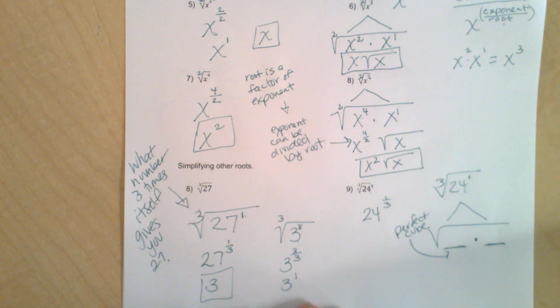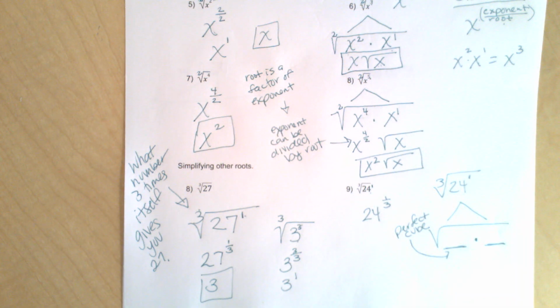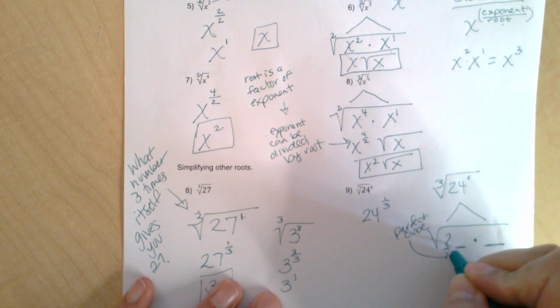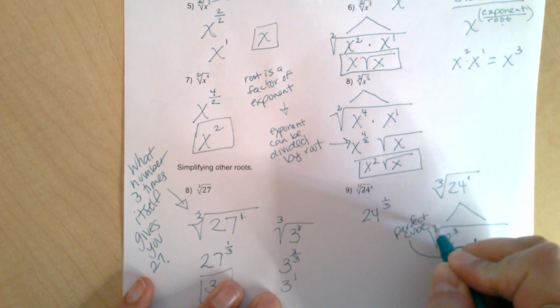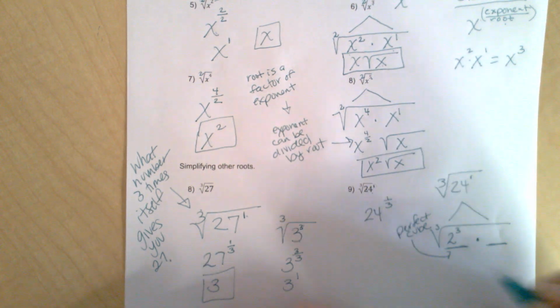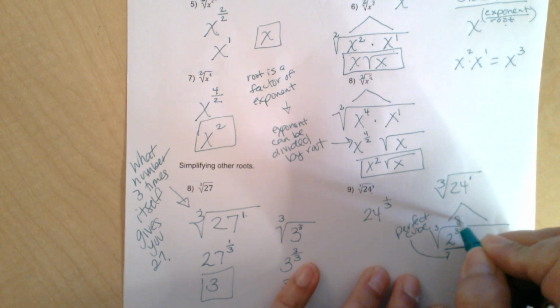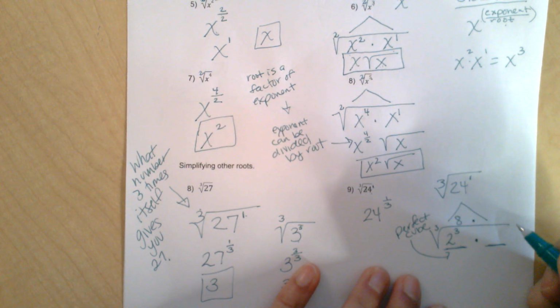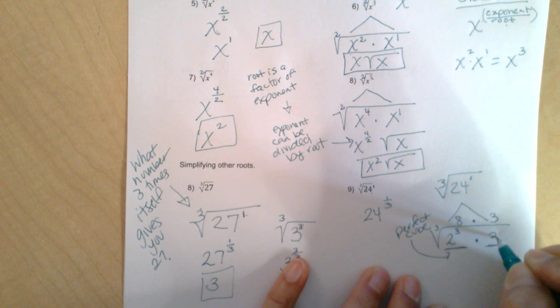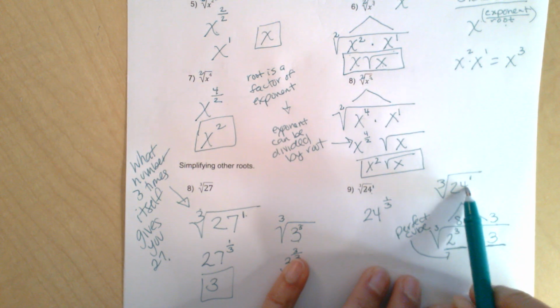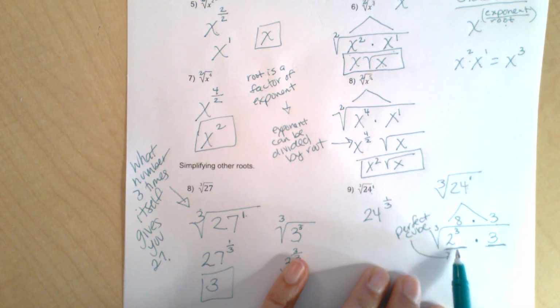So is there a perfect cube? Yes, there definitely is, because we can see that 2 times 2 times 2, or 2 to the 3rd power, gives us 8, times 3. So 8 times 3 is 24. 8 is a perfect cube.